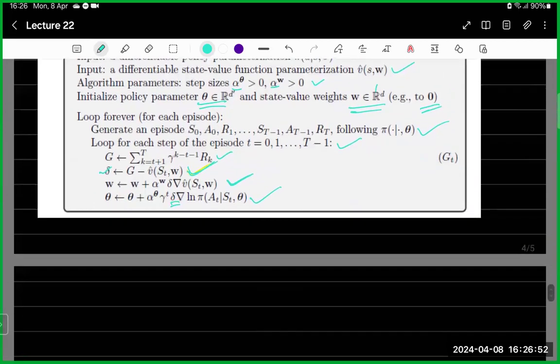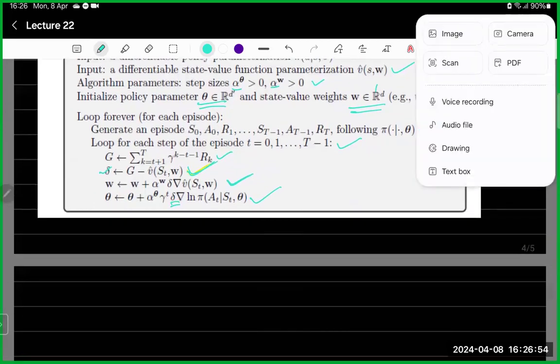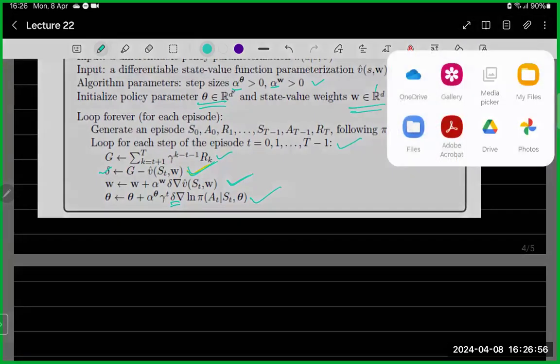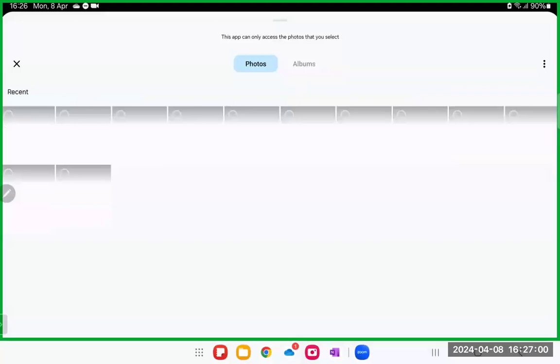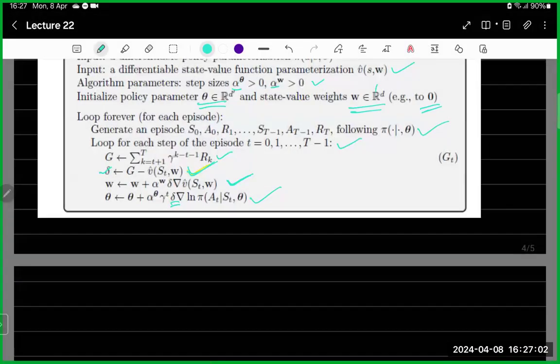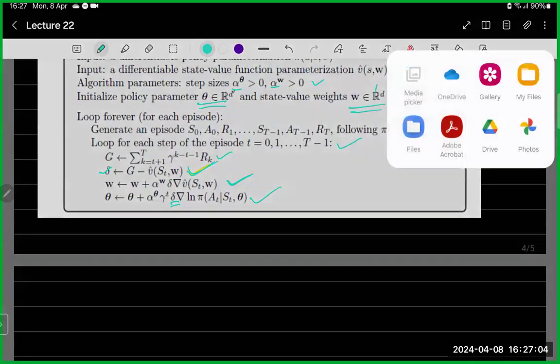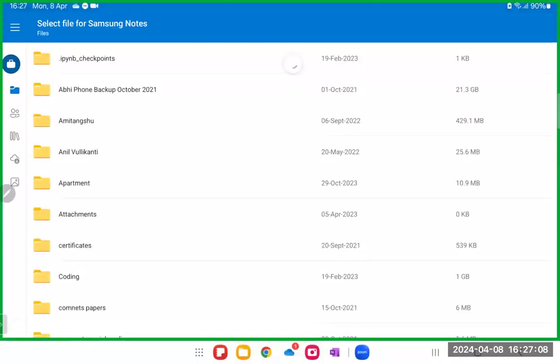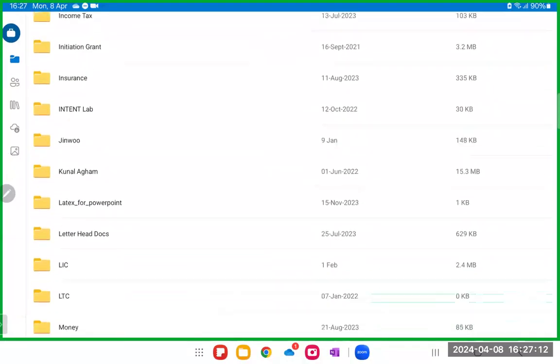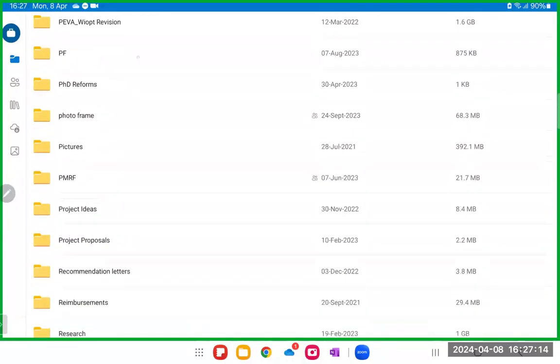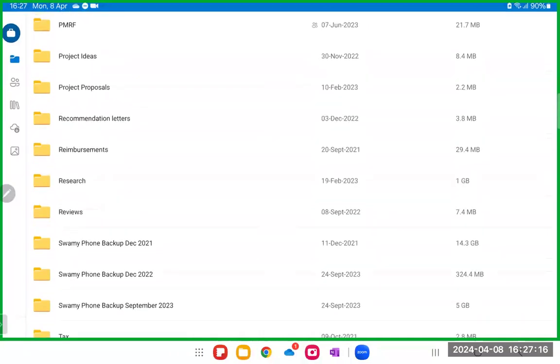So I'll just show you one graph, which is a comparison between with baseline and without baseline.